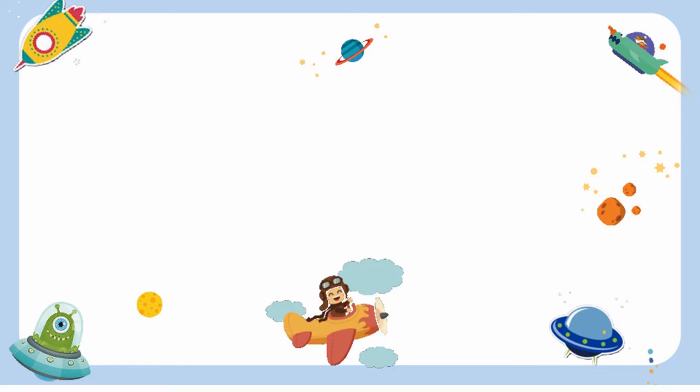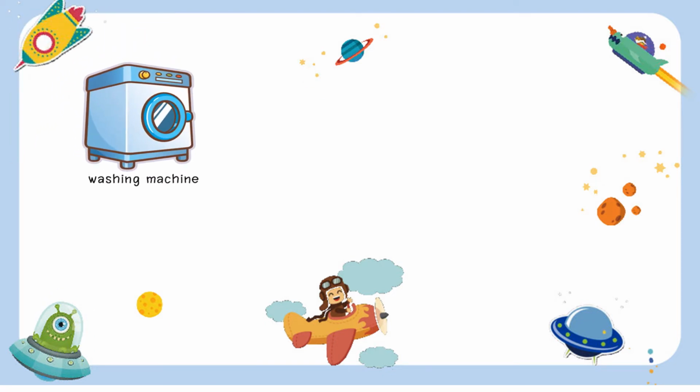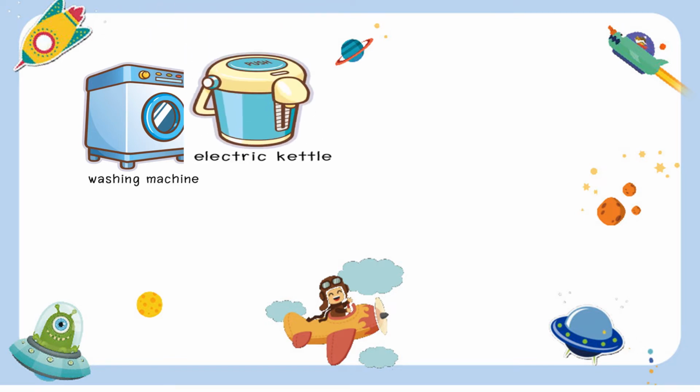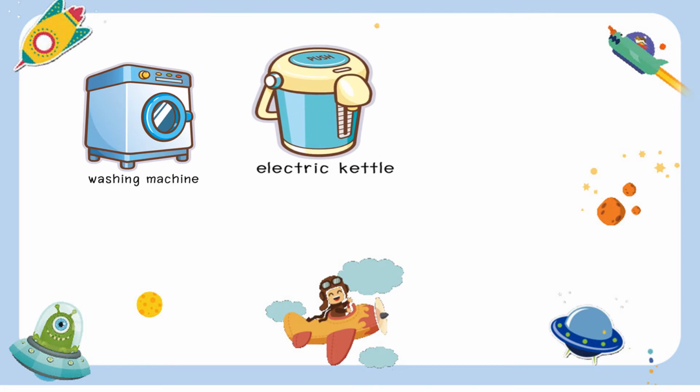Okay, so I will show you some examples of devices that use electricity from the mains. Example is washing machine. Can you read one more time? Washing machine. Next, electric kettle.